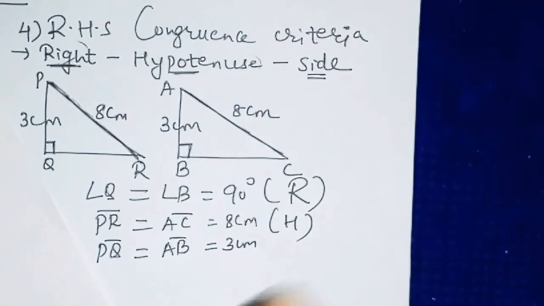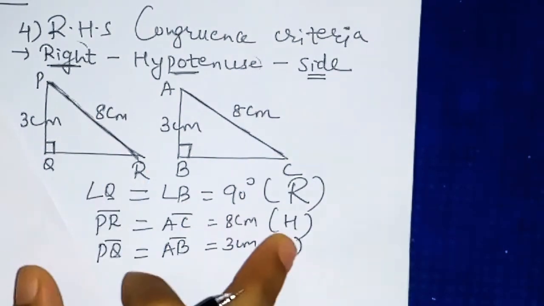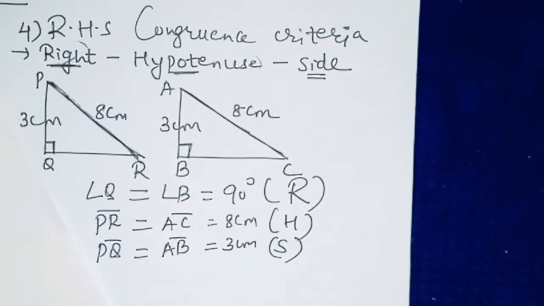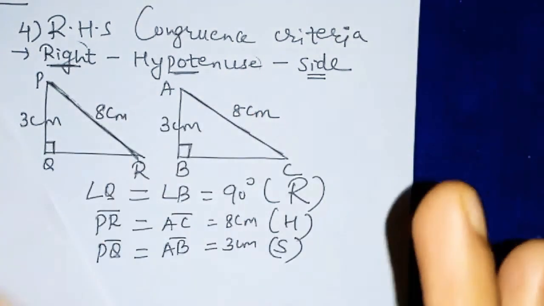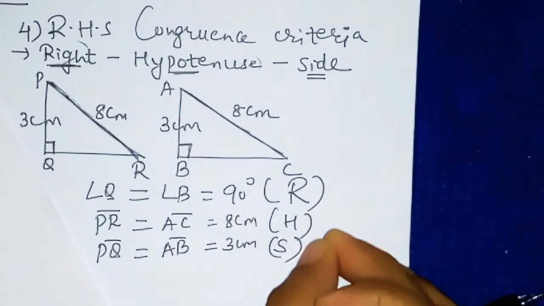So this is the third side. So side is there, so S. Longest side, hypotenuse, so here we will write H. And this side is given. So by RHS congruency criteria, these three conditions are satisfied. So these both triangles are said to be congruent by RHS congruency criteria.